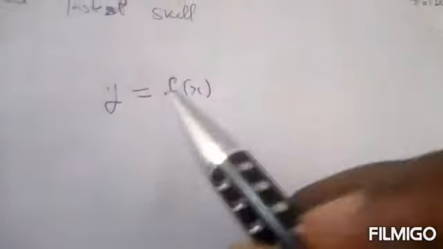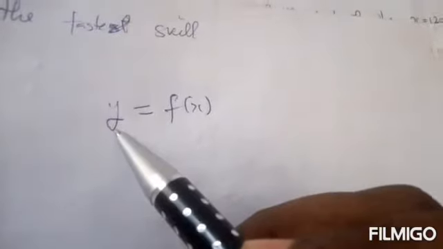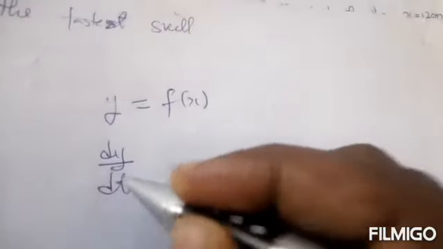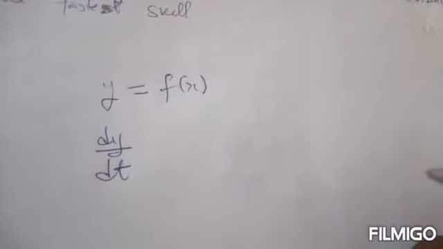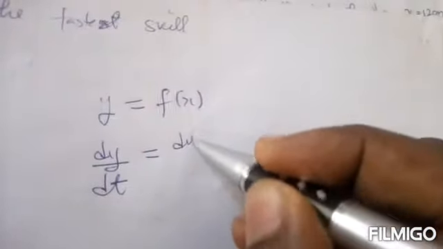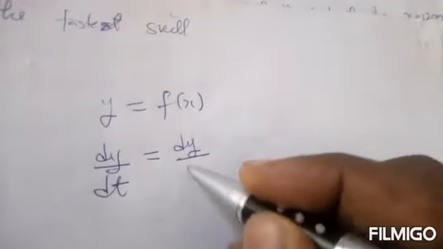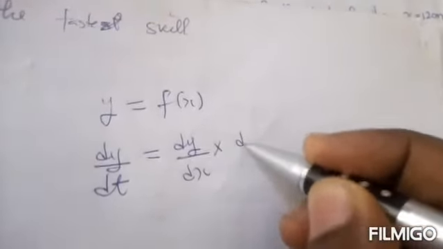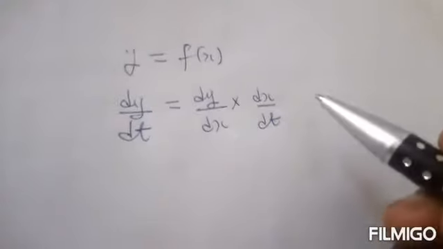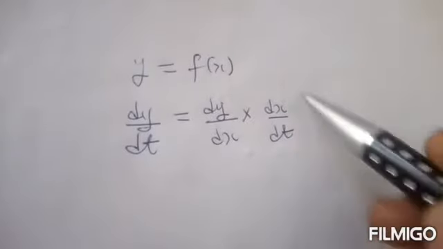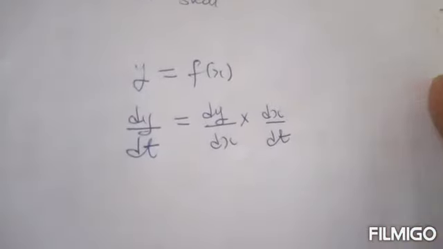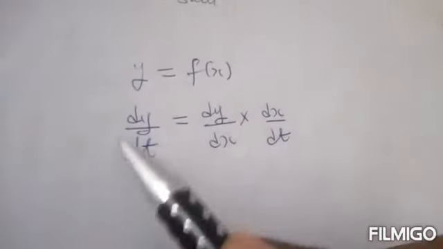For us to calculate the rate of change of y with respect to t, that is dy/dt, because it's per time, this is going to be dy over dx times dx over dt. By implication, if you simplify the right side, you get the left side. So this is the manipulation we'll be doing anytime we're calculating the rate of change.